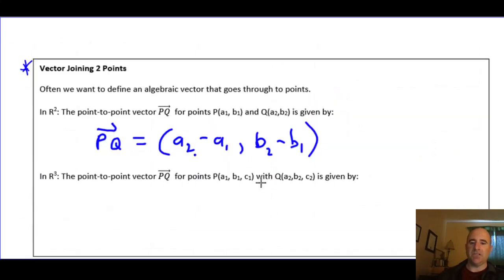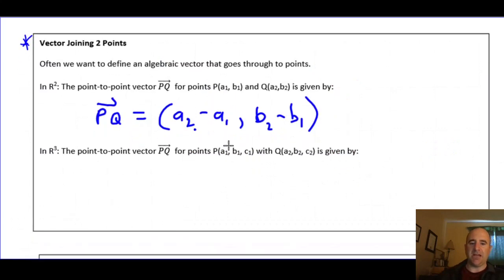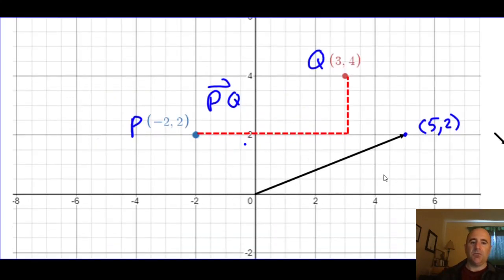Now, if I move into R3, I add an extra component. Although it is harder to visualize, you kind of have to imagine the possibility that point Q could come out of the screen or into the screen. That means that along with calculating a rise and a run to get (5, 2), you'd also subtract their Z values to find the change in that third direction coming in and out.